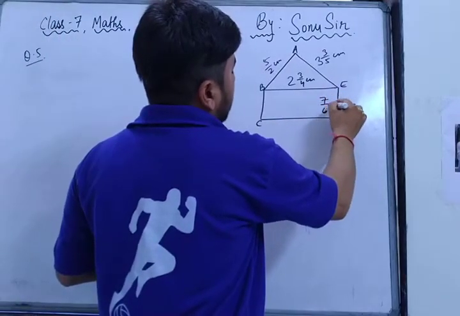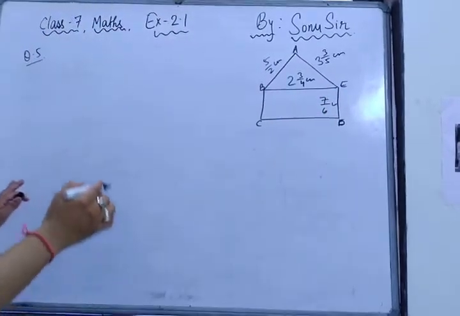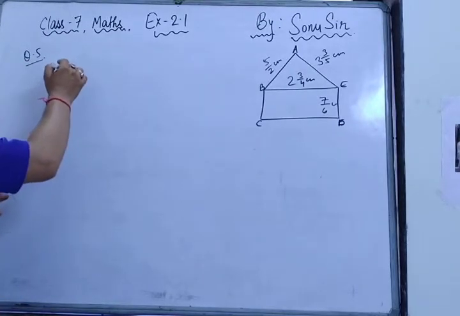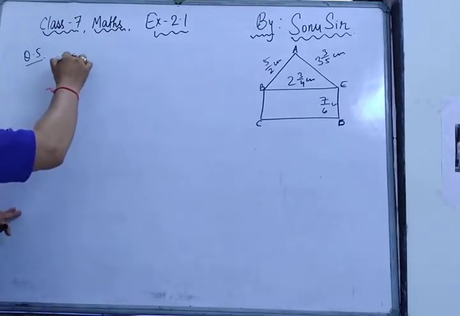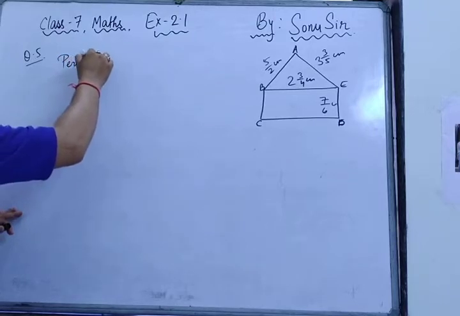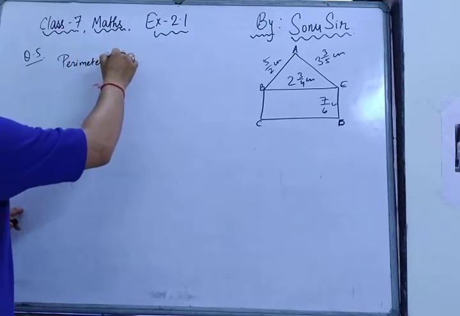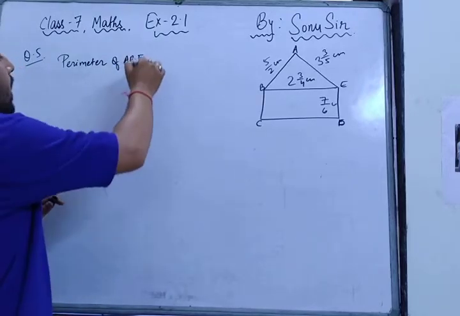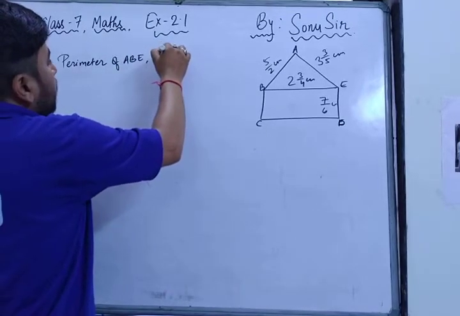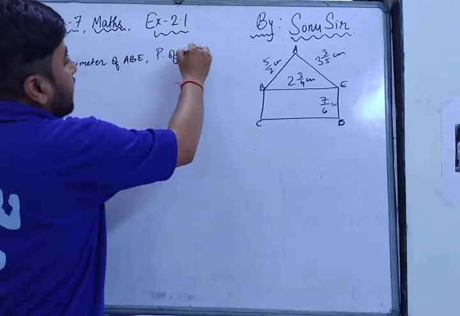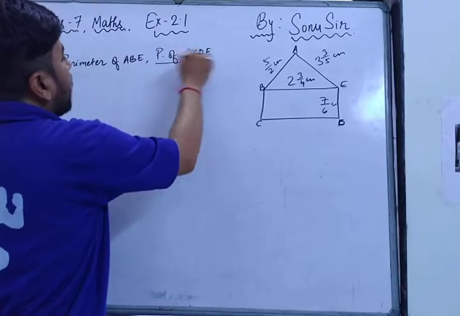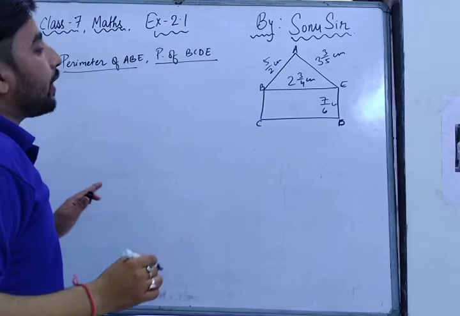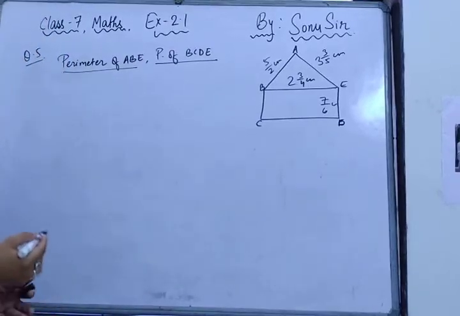The question is to find the perimeter of ABE, and second, to find the perimeter of BCDE. After finding both perimeters we have to show which one is greater.